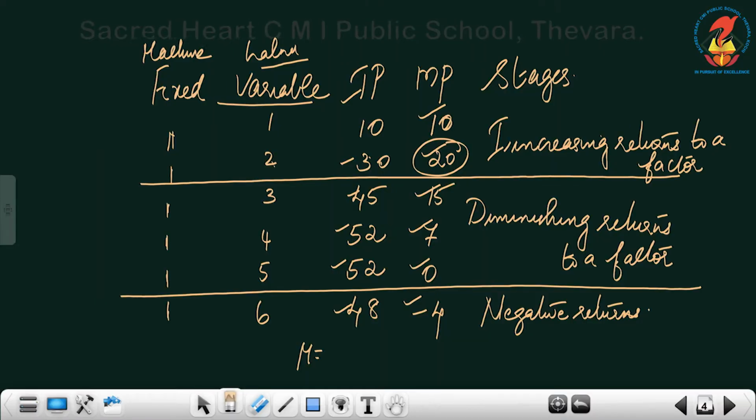Once again, ΔTP is 30 minus 10, which is 20. ΔL means 2 minus 1, which is 1. So ΔTP by ΔL is equal to 20 by 1, which is equal to 20. That is what we got here. Similarly, 45 minus 30 is 15, and 3 minus 2 is 1, so ΔTP by ΔL is 15 by 1, which is equal to 15.